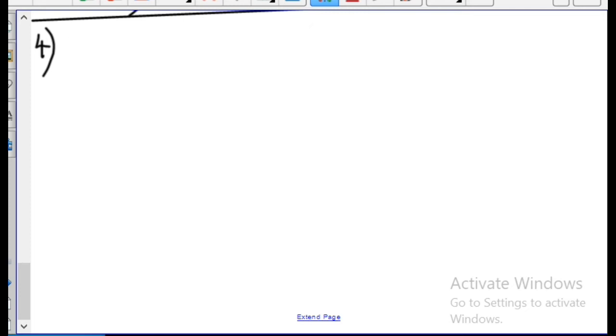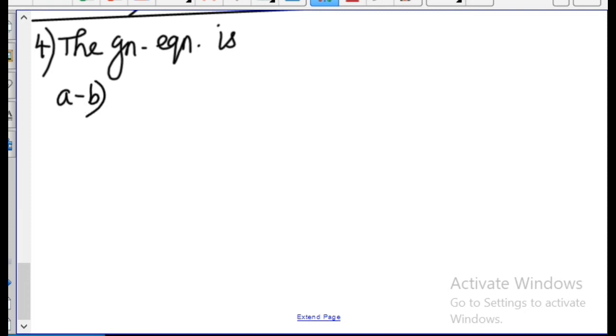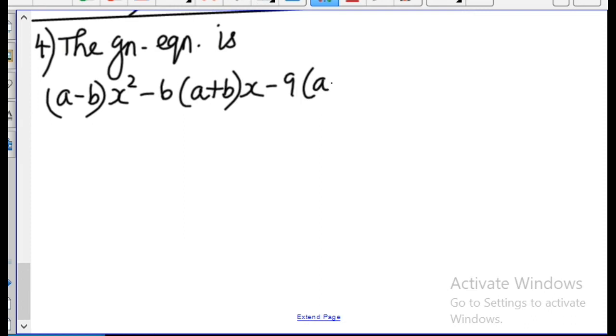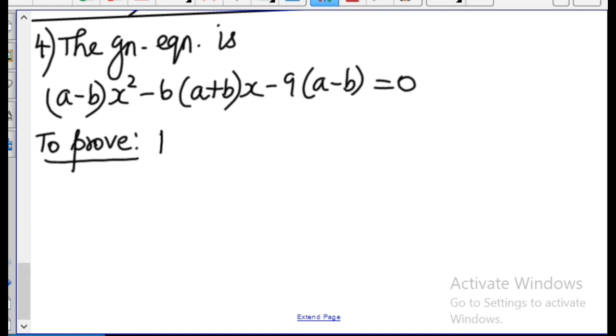So the given equation is a minus b into x squared minus 6 into a plus b into x minus 9 into a minus b equal to 0. To prove the roots are real and unequal.